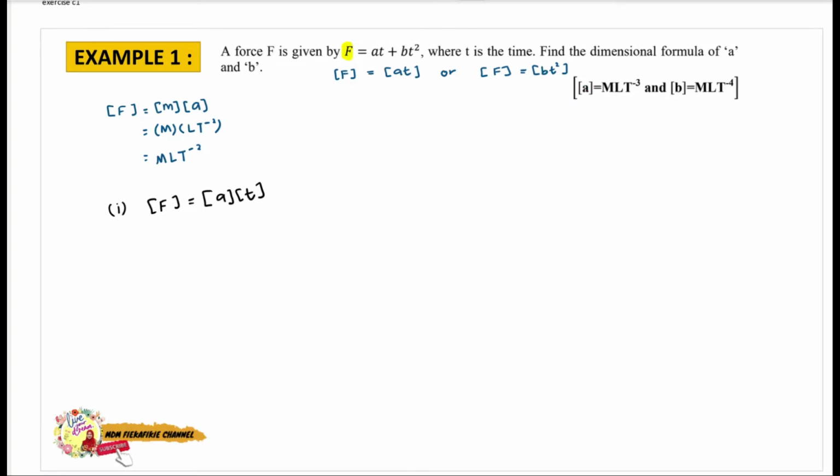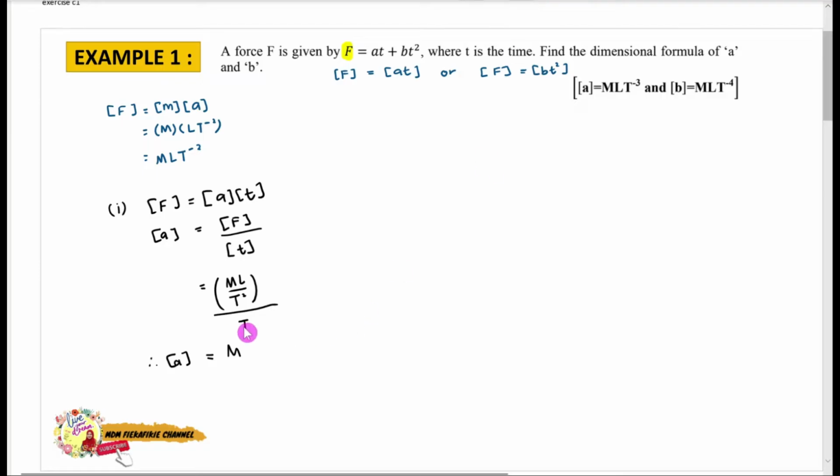Alright, so now we can determine dimension of A, soalan minta, which is equal to dimension of F over dimension of T. So now dimension of F is equal to ML over T squared, alright, over dimension of T is capital T. Therefore, dimension of A is equal to ML over T squared times T ataupun over T, sudah akan jadi ML T cube.